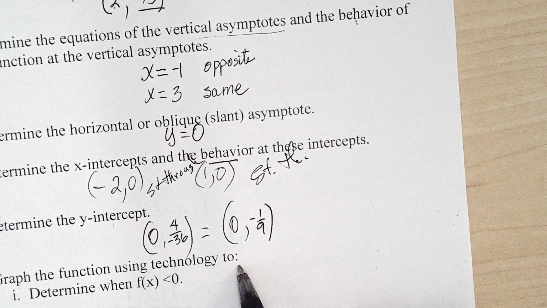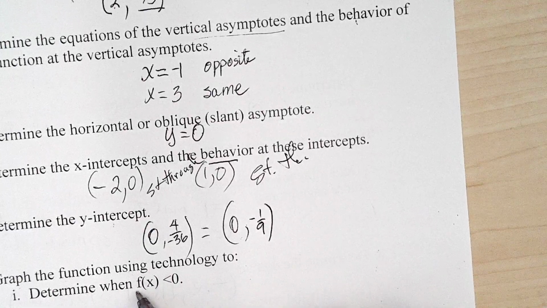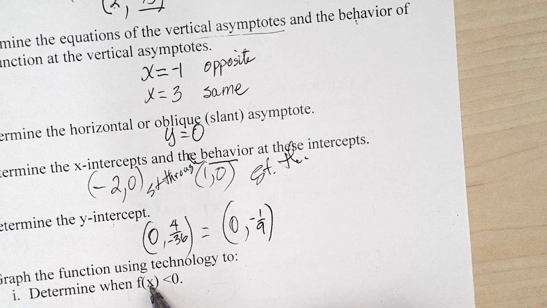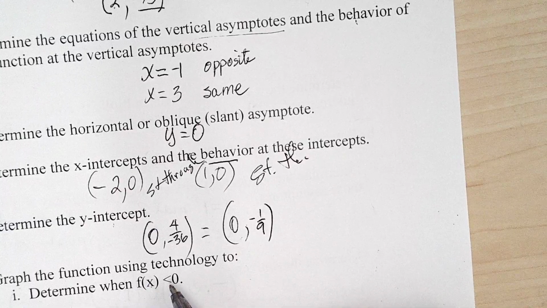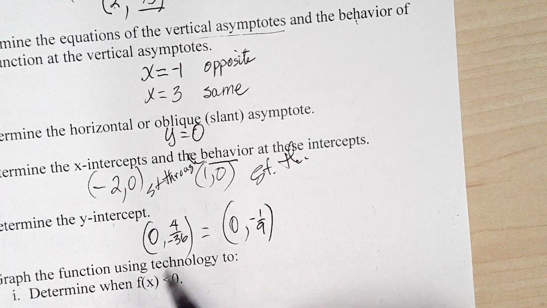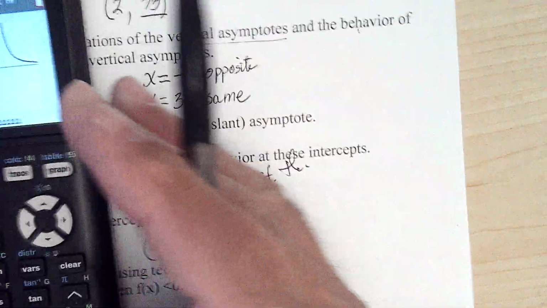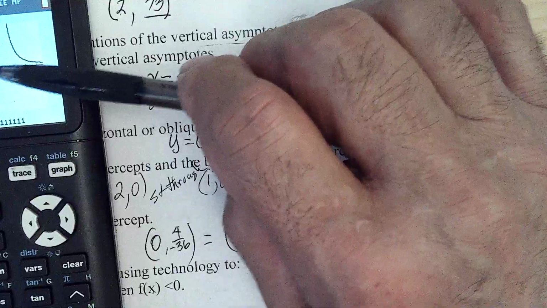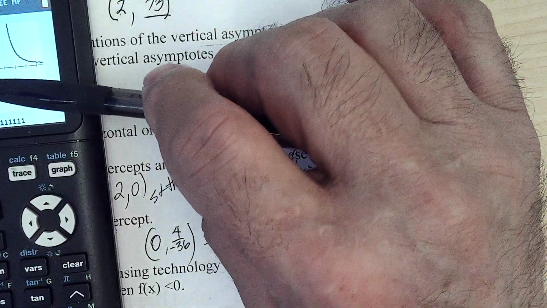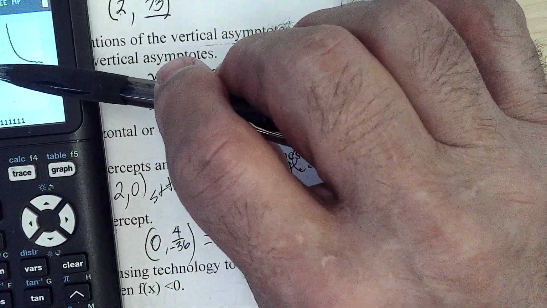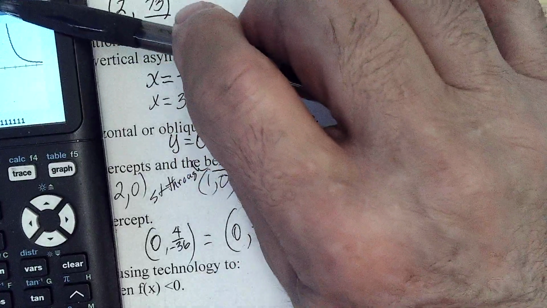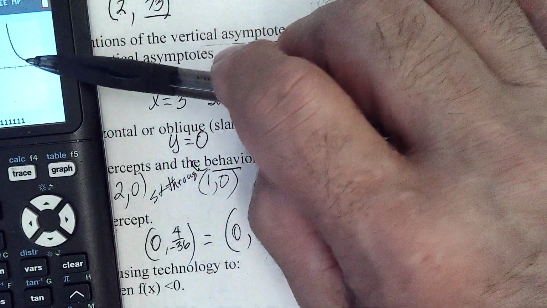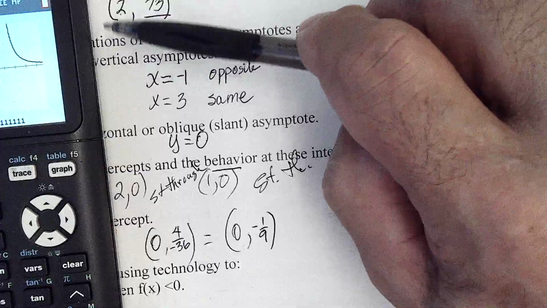Graph the function using technology to determine for what x values the y is less than 0. Y coordinates less than 0. This is a little tricky on here. It's easier on Desmos, but you can see it's less than 0 up till there. Then it goes positive. And it's not less than 0 here.